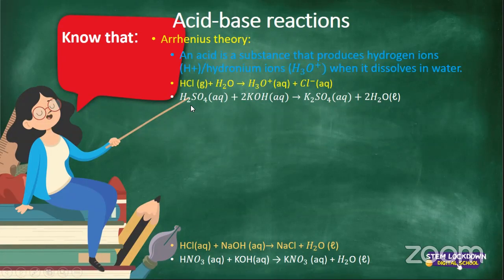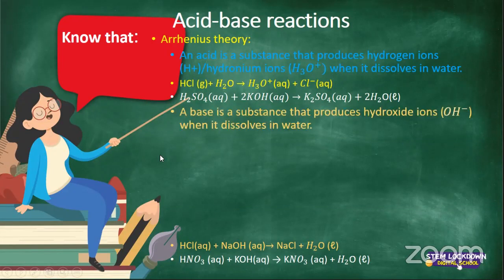But this is not Arrhenius theory, it is the Lowry-Bronsted theory. This one in white is representing the Lowry-Bronsted theory. The first one here is just representing the Arrhenius theory.